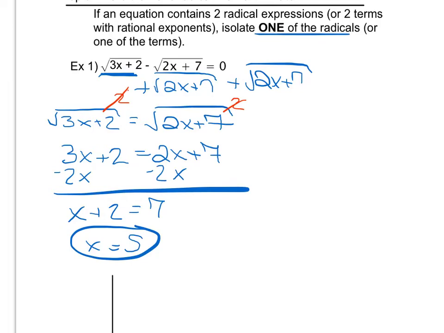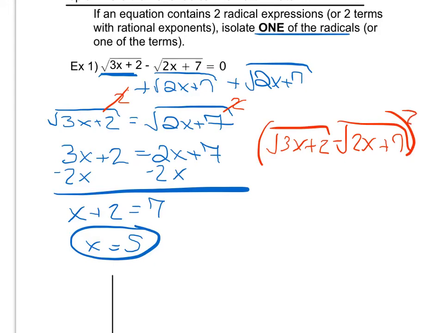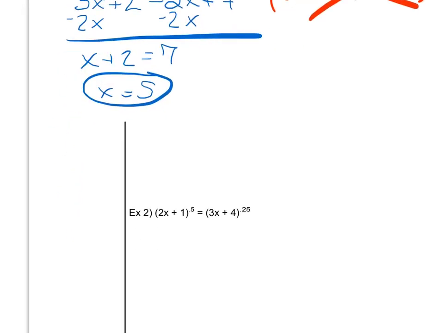If I were to do this, it does not distribute and cancel. This would mean I would have to write this expression twice and use FOIL. That sounds terrible. Do not do that. Make sure you get one of the radicals by itself on one side.